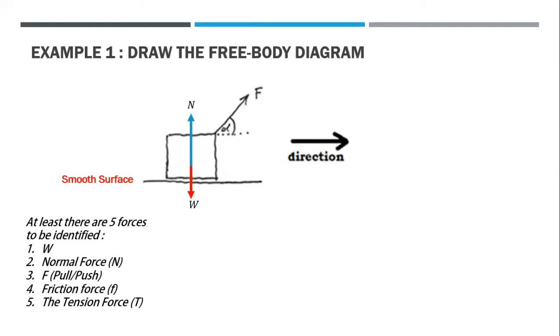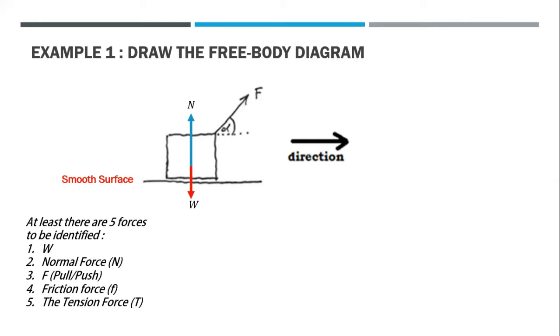Okay, the third one is F, pull or push force. Yes, there is a pull or push force. The symbol is F, but this F is covered by alpha as an angle.